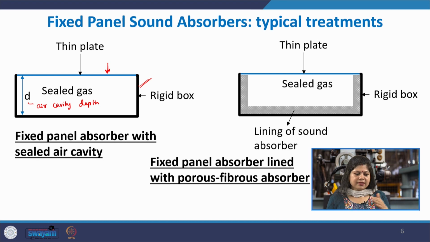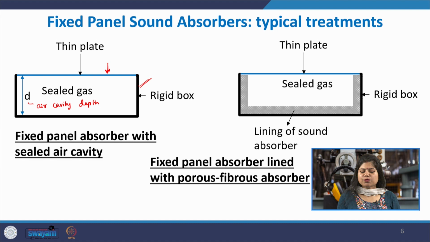The gas has no means to escape. So, whenever the panels vibrate, the gas tries to oppose the vibrations by means of its own bulk modulus. So, this is one configuration where you just have a gas sealed behind the panel or the plate.